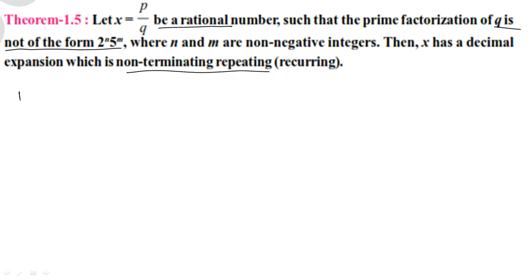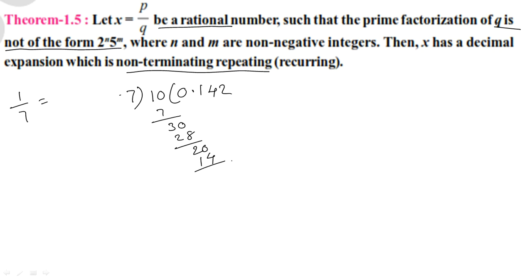Let me take an example, 1 by 7. So what I will do: 7, 1, 0, 0.0. 7 ones are 7, so 3 is the remainder, 0. 7 fours are 28. 30 minus 28 is 2, 0.0. 7 twos are 14. 20 minus 14 is 6. 0.0. 7 eights are 56, 4.